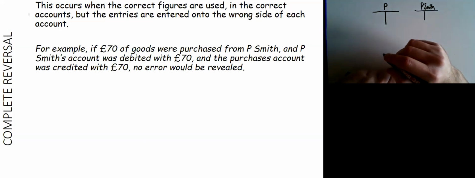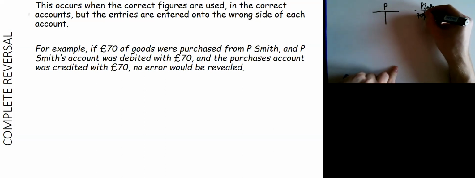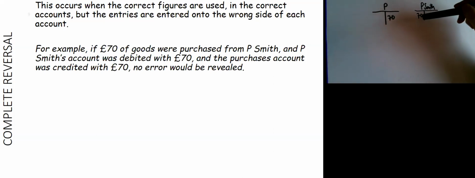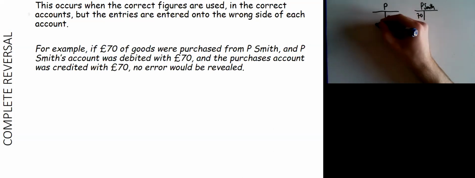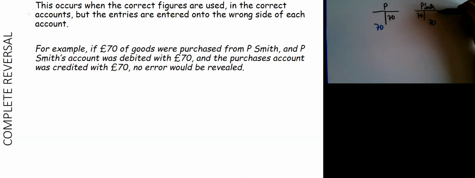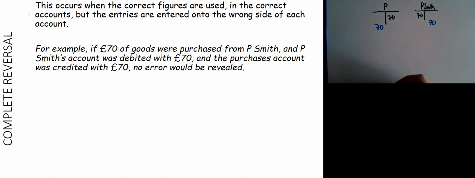So it says we debited P. Smith with 70 and credited purchases. Now that won't show up on the trial balance because they cancel out. But what it should look like, we should have 70 here, 70 here. P. Smith's the supplier, so it's a liability, so credit. Purchases is an expense, so debit.